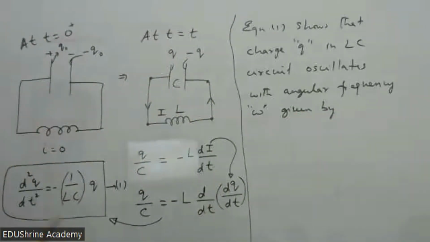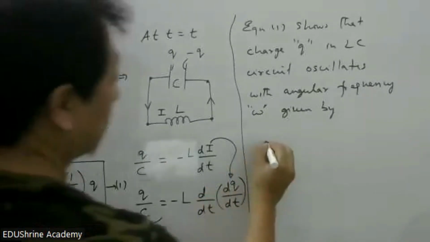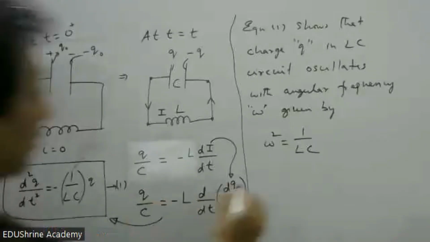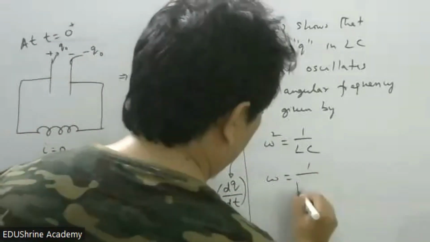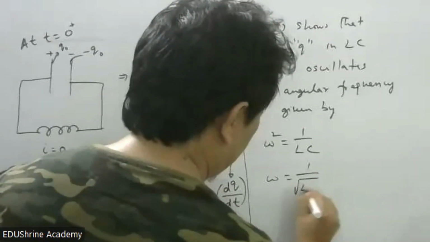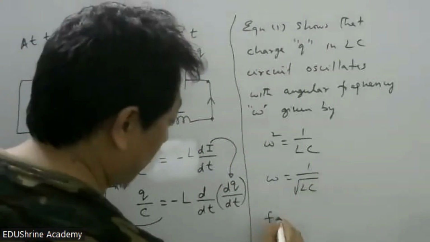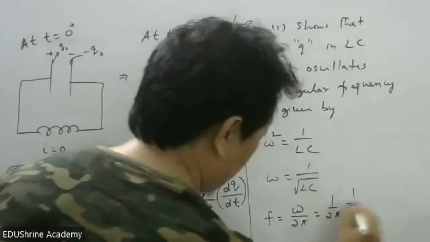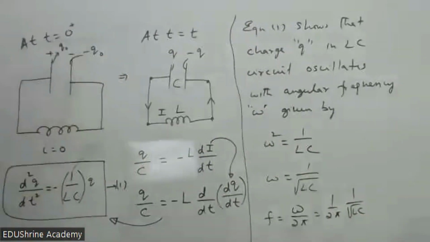Students, if you compare this equation with the SHM equation, who is your omega square? 1 by LC. So omega will be 1 by root LC. And frequency, if you want, will be omega by 2 pi, 1 by 2 pi into 1 by root LC.